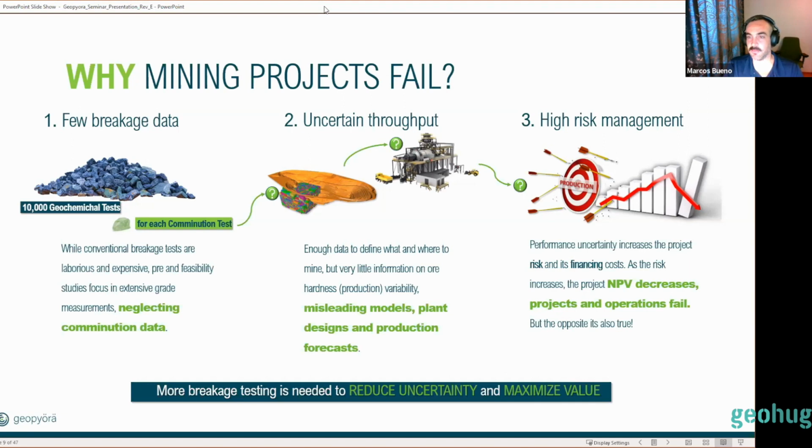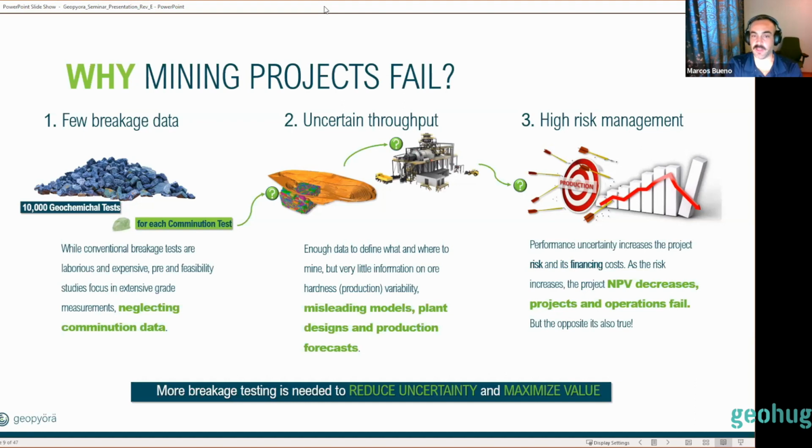Basically comminution is being neglected, mainly because of what I was mentioning before: the technologies that existed before Geopyörä were focused on measuring a few representative, large bulk composite geochemical samples.